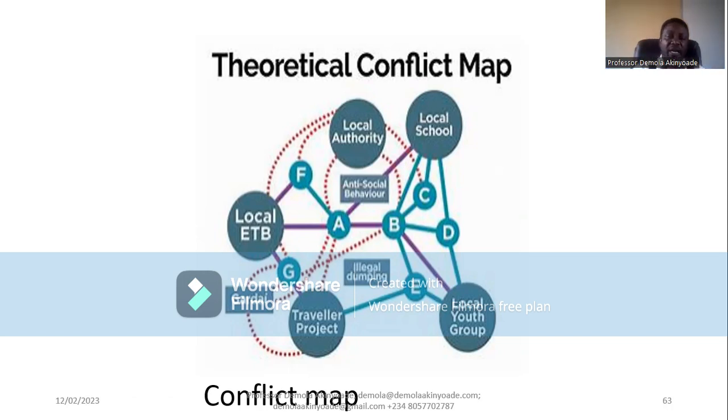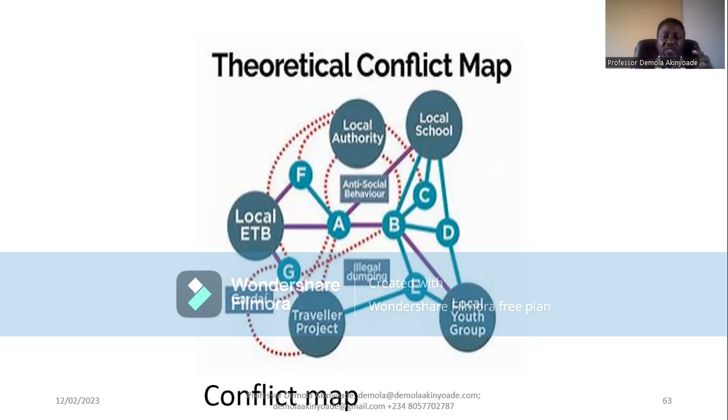So conflict map here, you see, is a pictorial or graphical representation of actors in conflict, their relative power, the relationships between them, and their issues. Conflict map shows the actors, their relative size, their relative power.